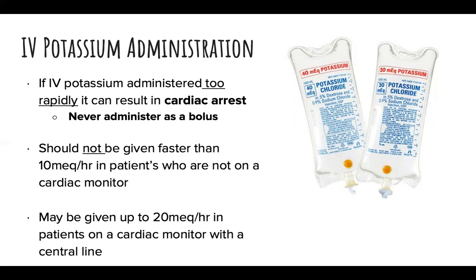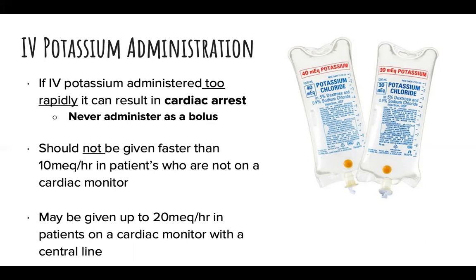That means your patient would be getting probably 10 milliequivalents per hour or less if they are not on a cardiac monitor. Remember, that's a few stickers on the chest where we can see the electrical activity of the heart on a screen. Now, if somebody is on a cardiac monitor, we can give the potassium a little bit faster, but that's because if somebody has hyperkalemia, they can get electrical rhythm disturbances.